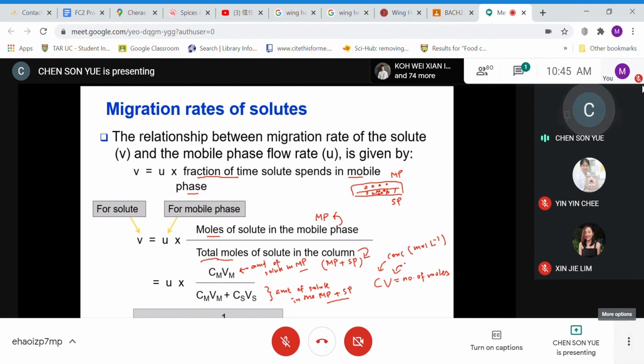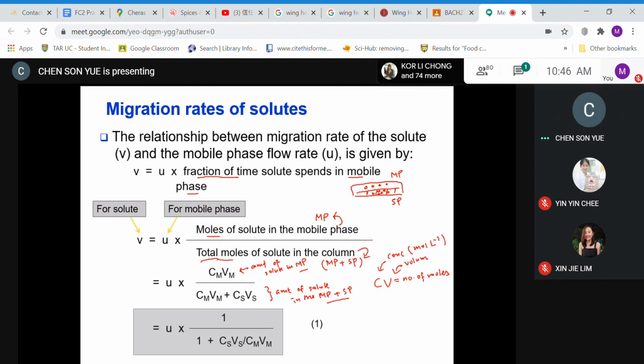V is a volume, for example a liter. So liter cancels and it is the number of moles. That's why I say CV is number of moles. The number of moles refers to the amount of the solute.